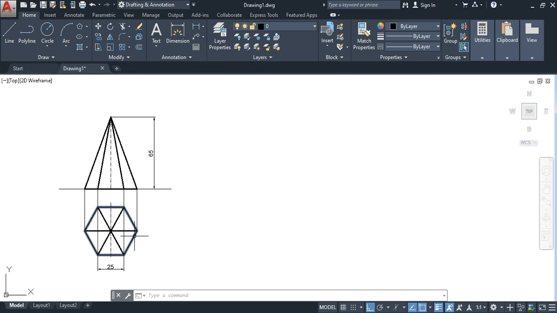We have to inscribe this hexagon in a rectangle to get some construction points. So for that, we are drawing a rectangle around this hexagon.